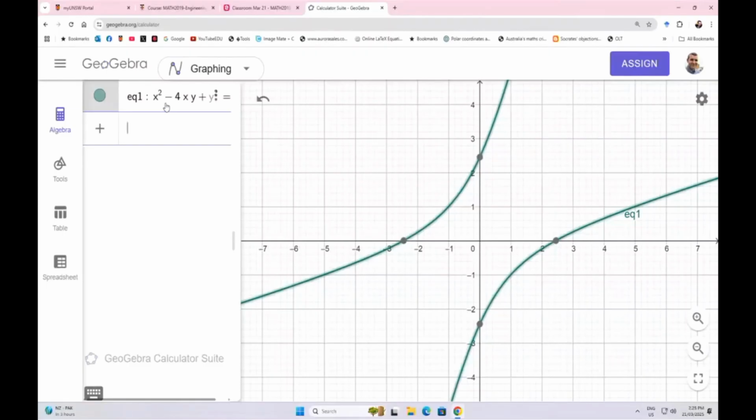Okay, check it out. So it's obviously not an ellipse, but there's no way we could really know that without maybe using some technology or something.